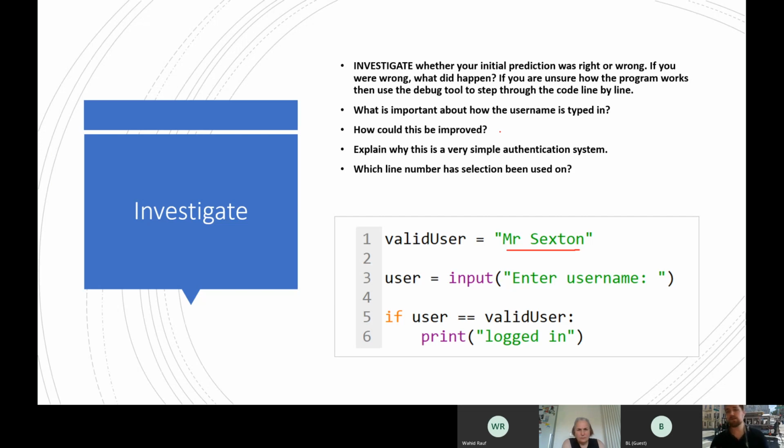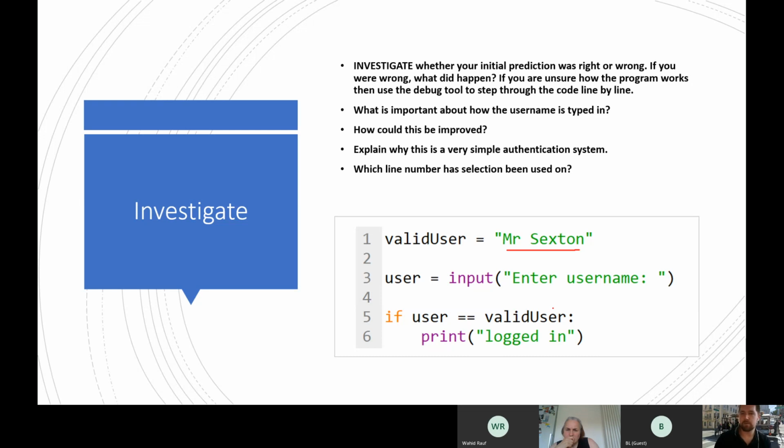The simple authentication system is just because it's only using one username, so there's only one valid user, and that valid user doesn't have to type in a password as well. It's only looking at whether it has a valid username, and then just looking again at the constructs, done in a slightly different way this time.